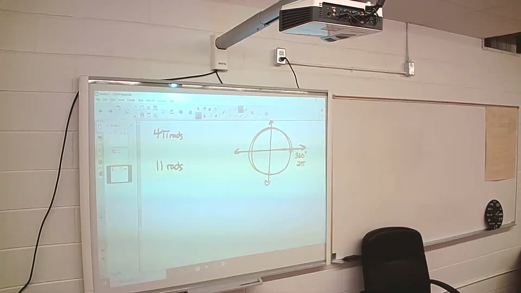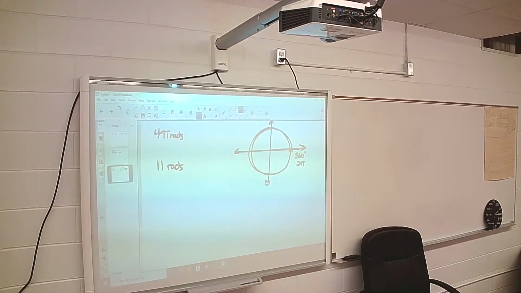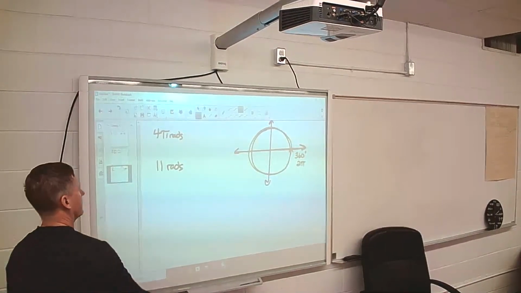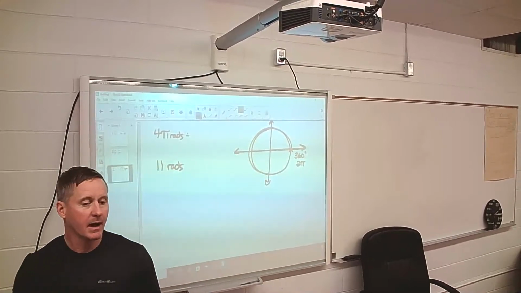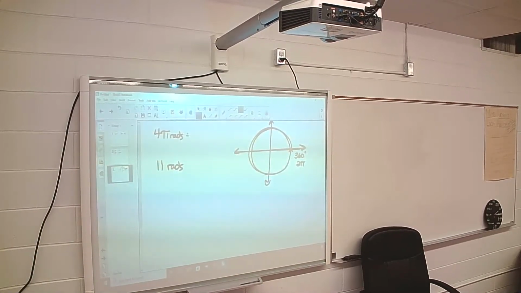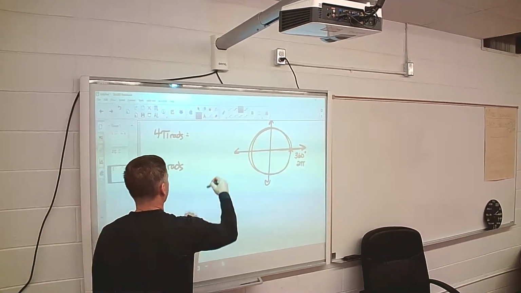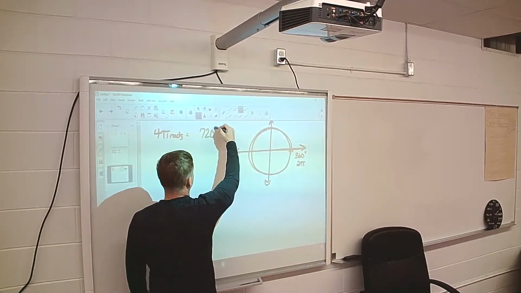So if I go a second time around the circle, how many radians is it? 4 pi. So without multiplying by the ratio, 4 pi radians is how many degrees? Right. Exactly correct. 720 degrees.